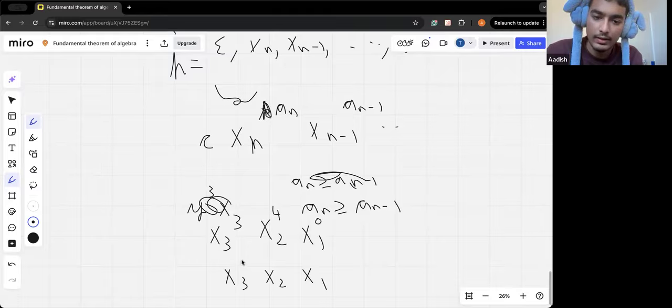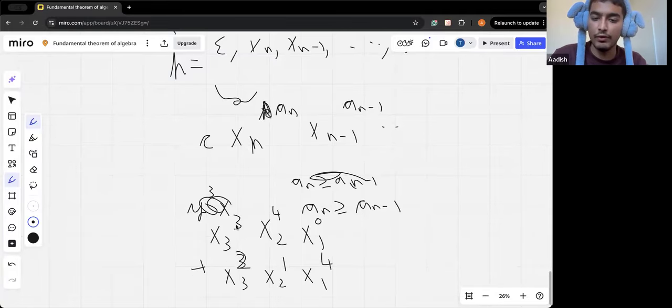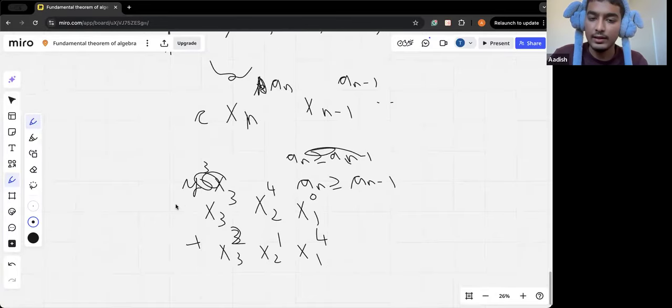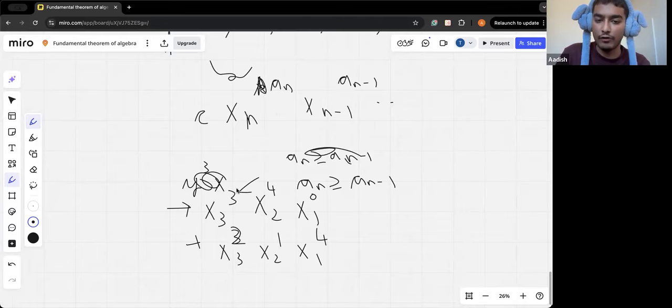And we have 2, 1, and the total is 7, so 4. Suppose these two are terms, 2, 1, 4 and 3, 4, 7. Then this term will win, but 4 is bigger than 3, because the way we do it is we first look at the sum of degrees, both are 7. Then we look at just the power of x3, and this wins. Is that clear? Why this is winning here?